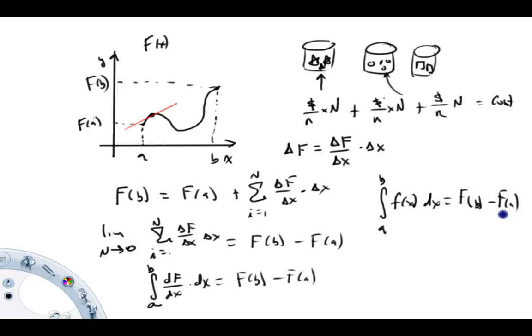And again, this is true provided that capital F is the antiderivative of this function, or another way to say that, f of x is the derivative of capital F. So this is called the definite integral. This is how it's evaluated, by taking F of b minus F of a, provided that capital F is the antiderivative of this function.